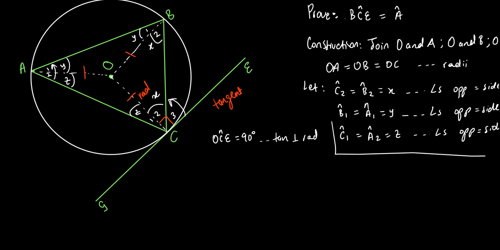But OCE is made up of X plus angle C3. Actually, let's write it as BCE. OCE is made up of X and BCE. But we need BCE to be the subject. So we say BCE is 90 degrees minus X.